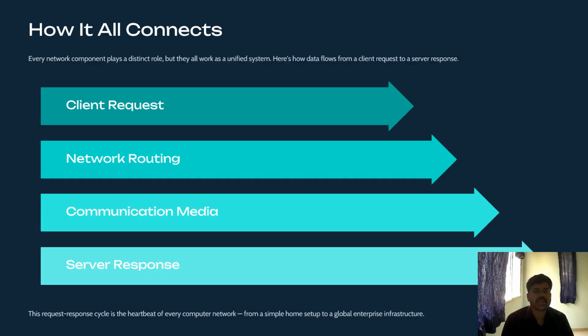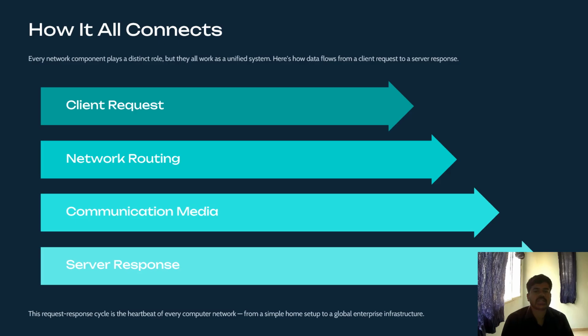Now let us understand this final concept in a very simple way. In every computer network, the process is clear. Client requests, server responds, media carries the data, and device controls the communication.